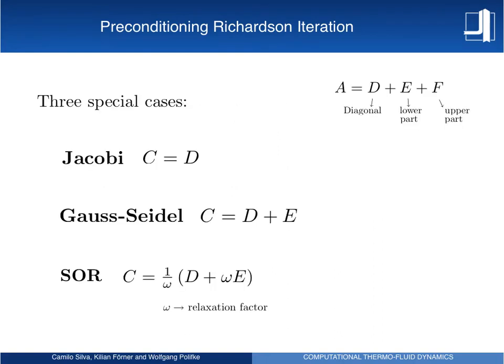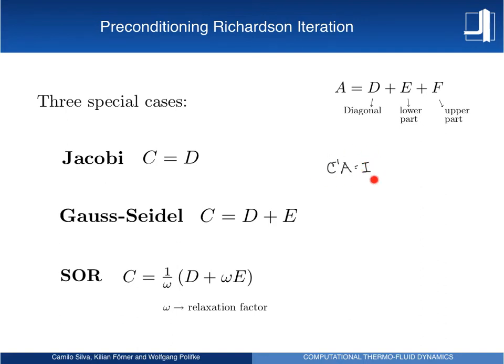Now, what is this preconditioning matrix C? The thing we wanted to know from some slides ago. Basically, the best preconditioning matrix ever is the one that makes the product of C inverse times A the identity.